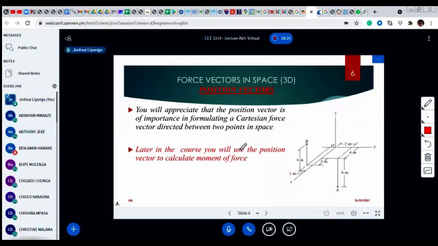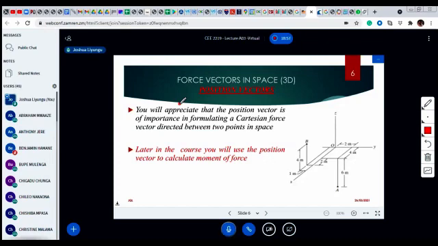This is just a recall on the position vector. I think I explained how to calculate what we call a position vector. In the next lecture, you'll be using the position vector to calculate a moment of a force.